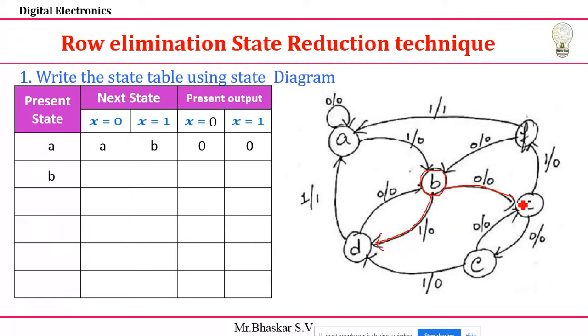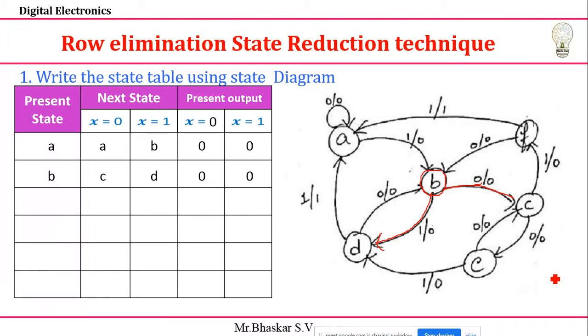If the value is 0, it goes to C. If it is 1, it goes to D. So the answers are C and D. And the outputs for both cases are 0 and 0. Yes, good.